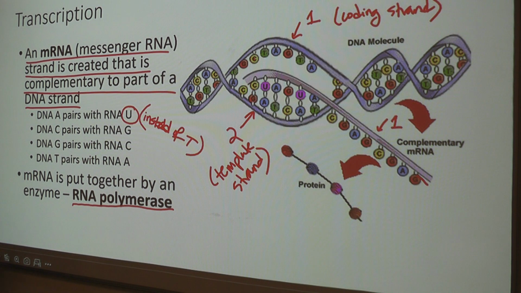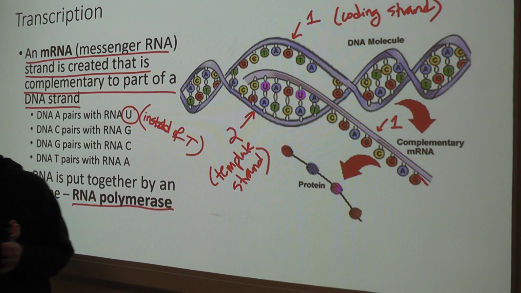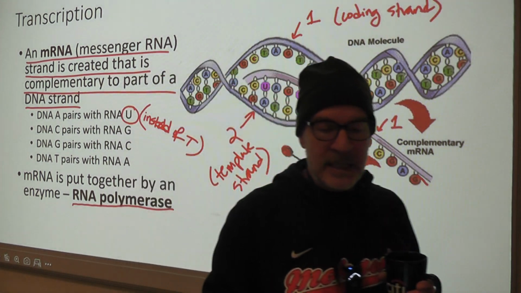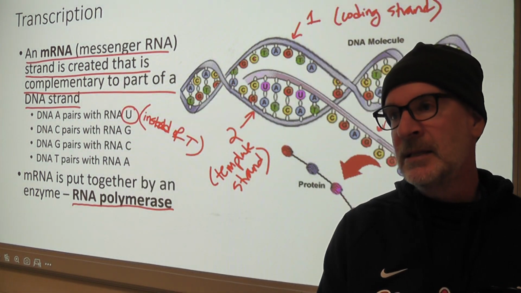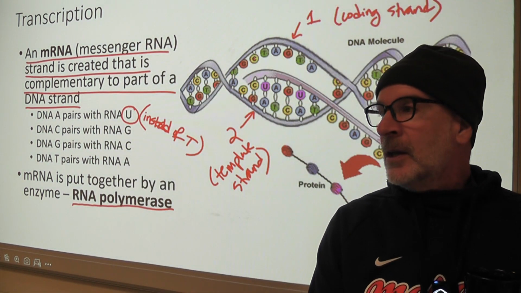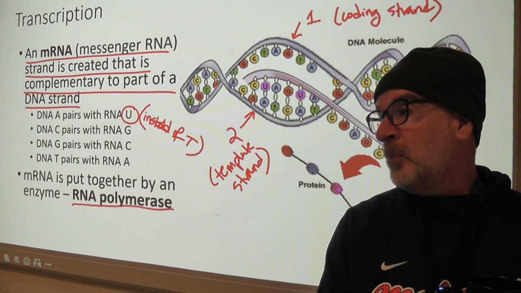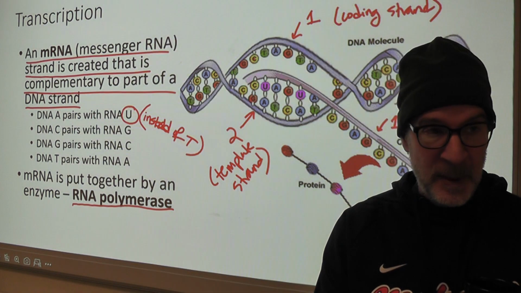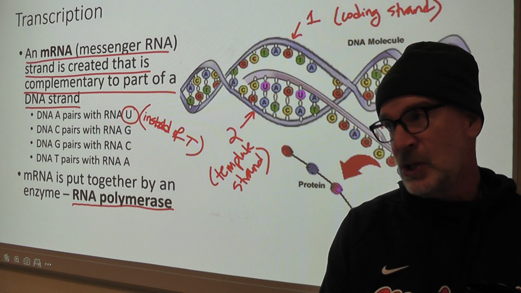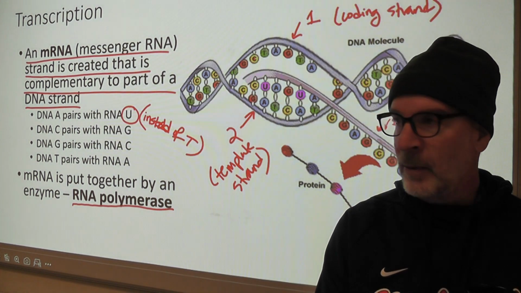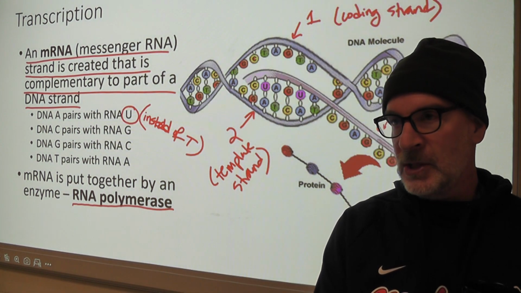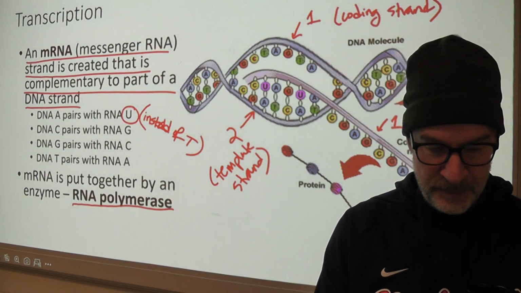RNA polymerase is an enzyme that builds ribonucleic acid polymers. DNA polymerase is an enzyme that builds deoxyribonucleic acid polymers. The vocabulary is kind of insane, but just thinking about the bits and pieces isn't so challenging, okay? We've got 3 mirror images here, 2 of which are the same.